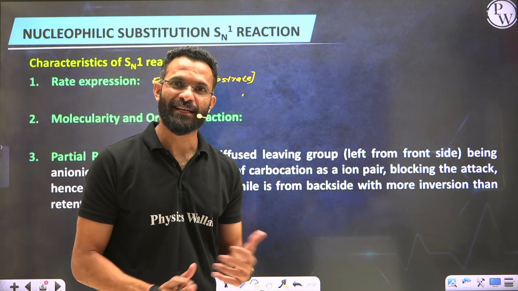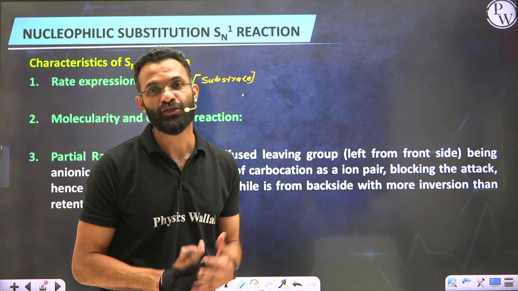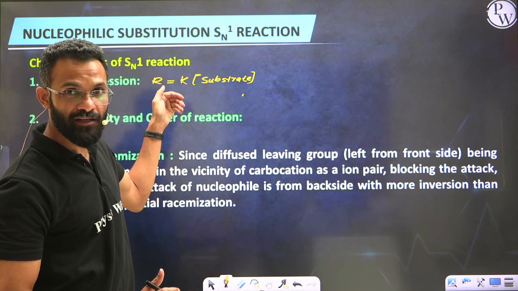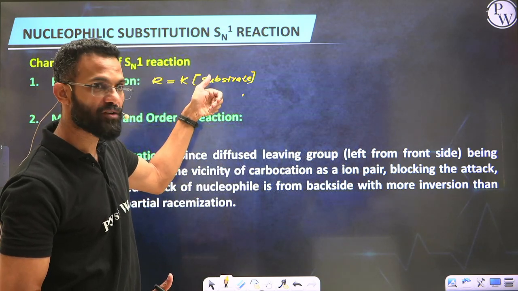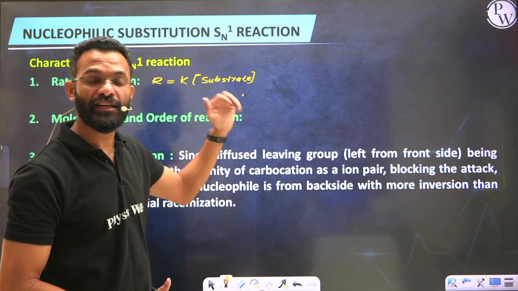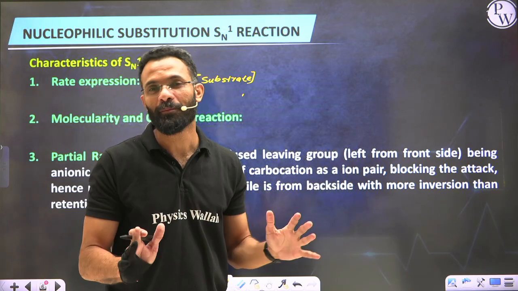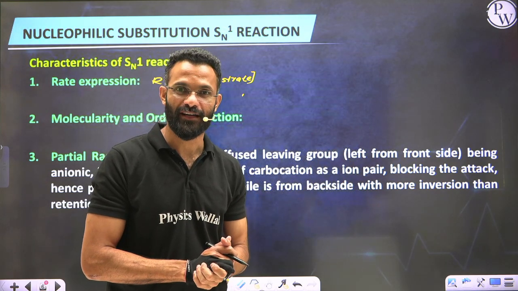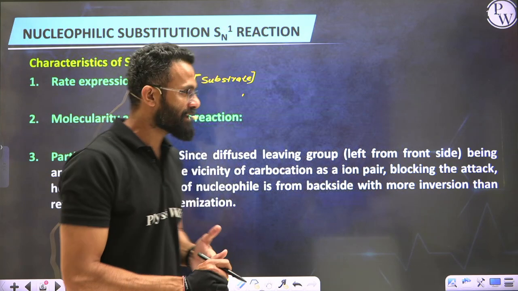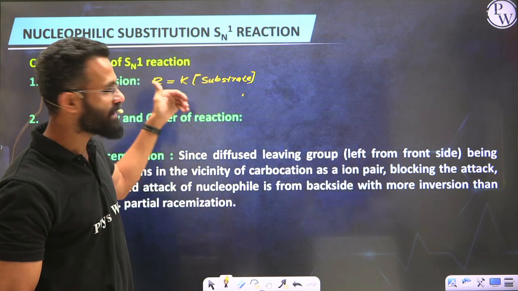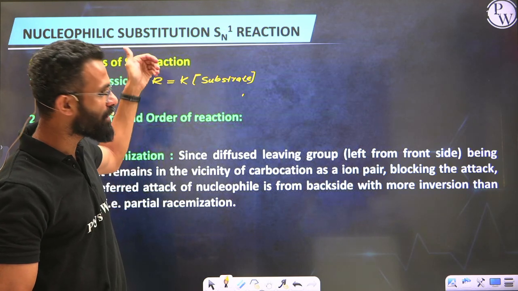Now guys, what is the significance of this? This tells you that the rate of SN1 reaction can be altered by changing the concentration of substrate, but changing the concentration of nucleophile, that is solvent, will have no impact on the rate of the reaction. For example, if I double the concentration of substrate, the rate of SN1 reaction will also be doubled.